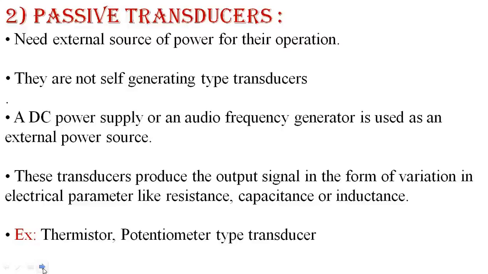When they are operating, they require some power source. These transducers produce the output signal in the form of variation in an electrical parameter like resistance, capacitance or inductance. Some examples are the thermistor and the potentiometer type transducer, like resistive, capacitive or inductive.